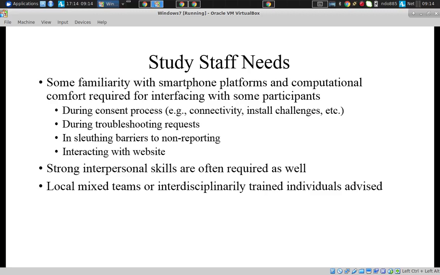After a few months, they were very comfortable going through the consent, passing on troubleshooting requests, trying to talk with people and find out what barriers there are, and then interacting with the website. So these are people with no computational background. Some of them don't have university degrees. Some do in the health sciences, and they seem actually fully comfortable with this. I think it's ideal if you could have someone on call that you could talk to before you have to pick up the phone and call Mohammed.